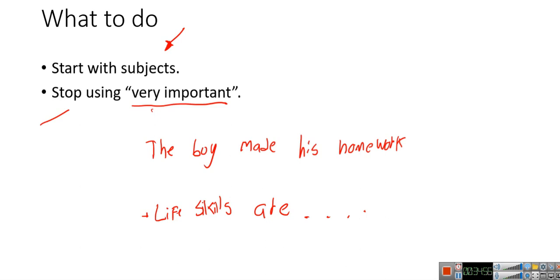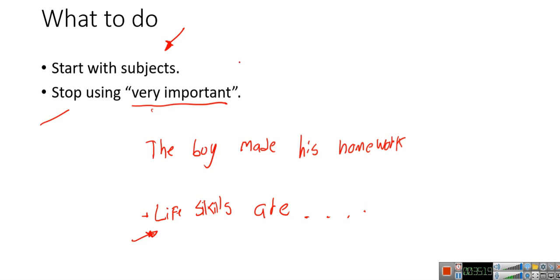Now, when I say start with subjects, it's not necessary to start with "life skills are crucial because this." You can say, "Some schools do not give as much importance to the topic of life skills because this and that," or "in Colombia, this and that."